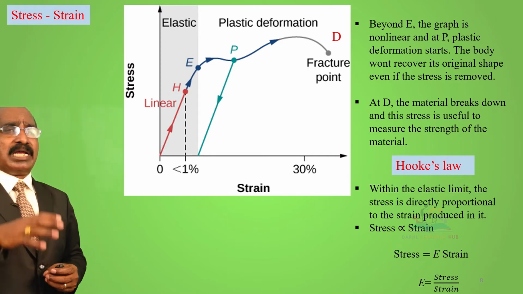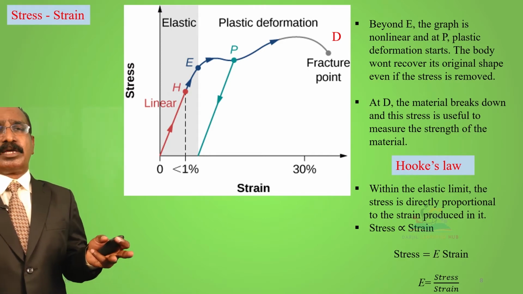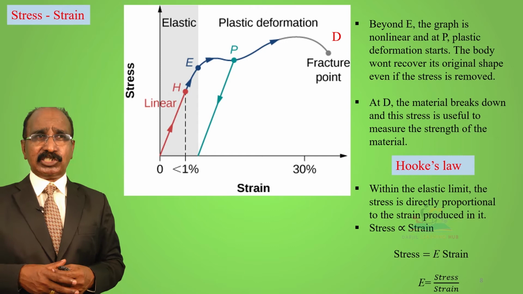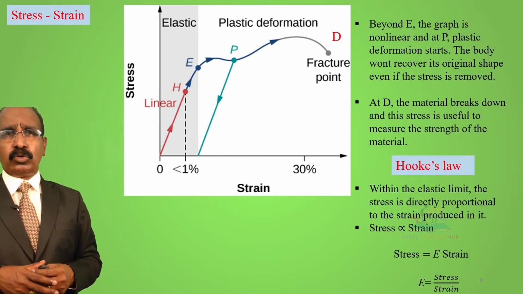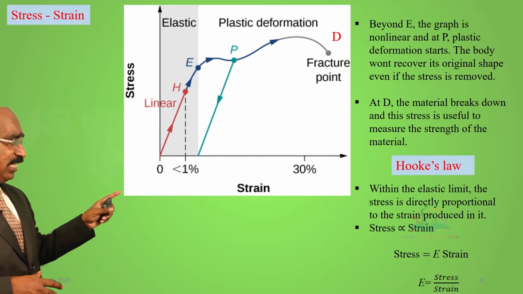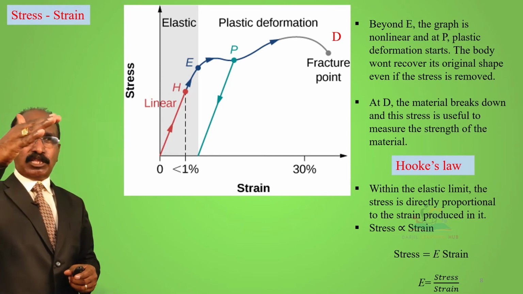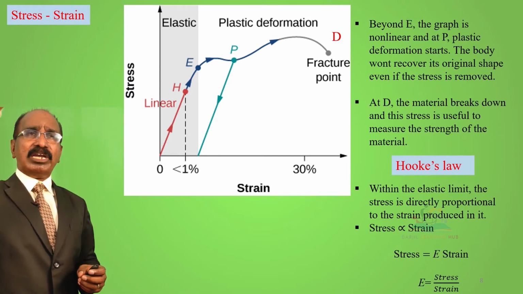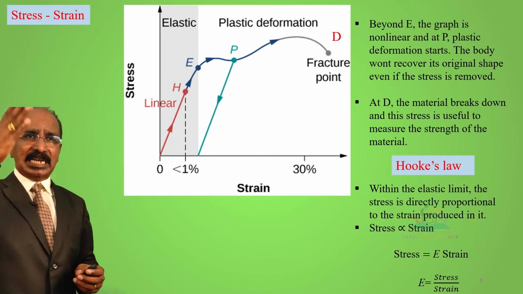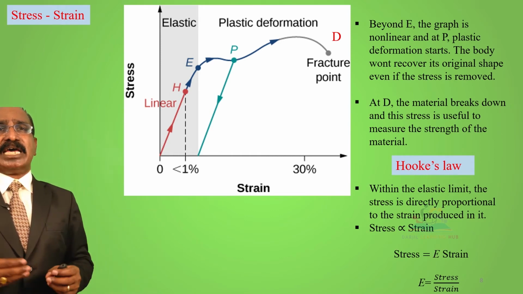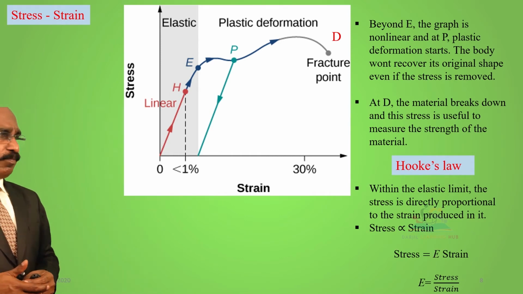So Hooke had found out a relation for the stress and strain, and that law is called Hooke's law. It states that within the elastic limit, that is before the non-linear portion starts, that is in the linear portion, the stress is directly proportional to the strain produced in it.